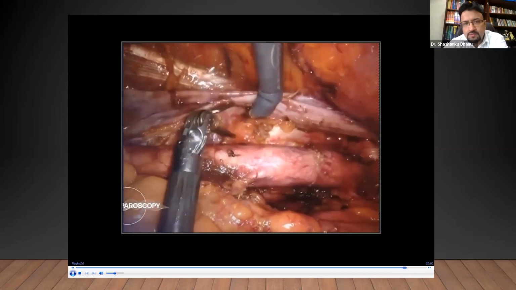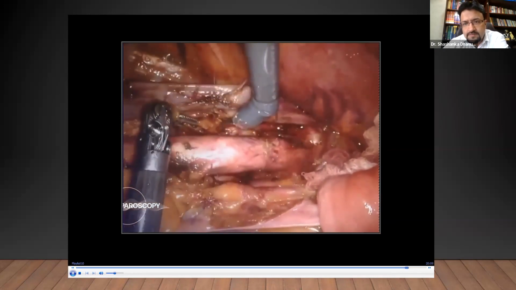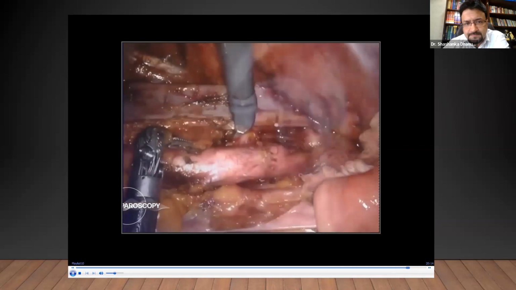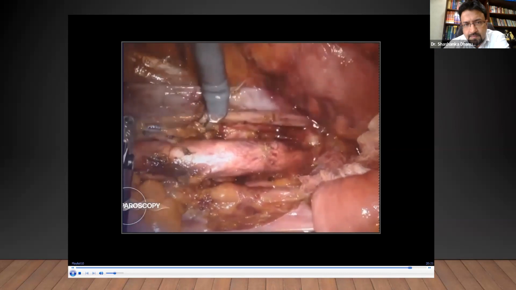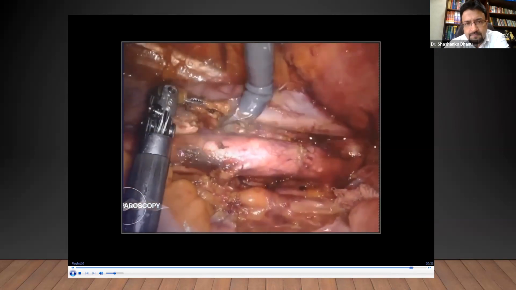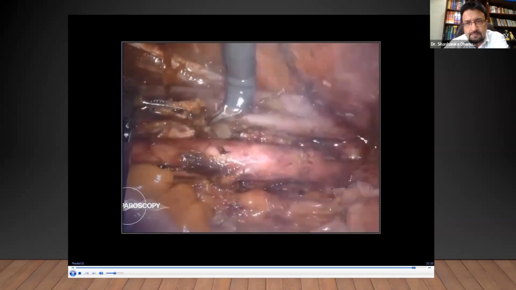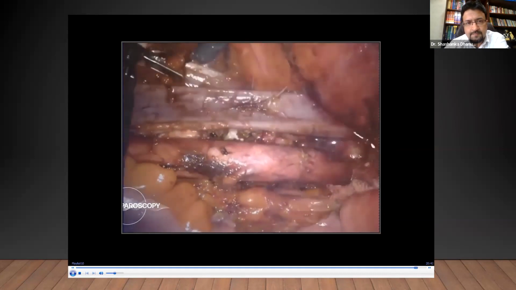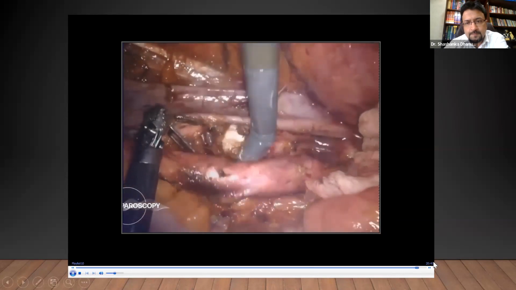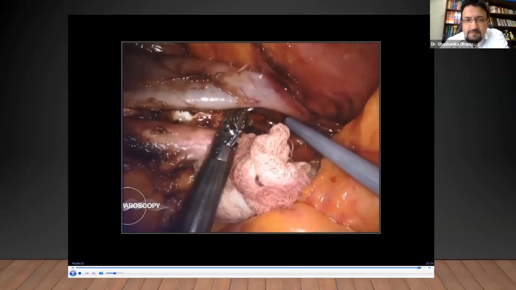So that is the group of intra-aortocaval nodes that you need to take out. While you might have to clip a lot of smaller vessels there, the lumbars and all that. The magnified vision definitely helps in these scenarios.